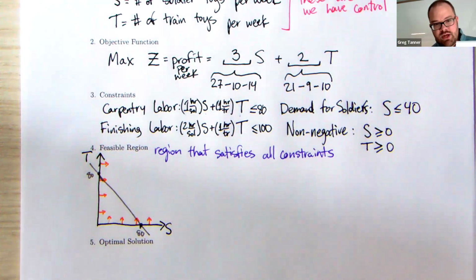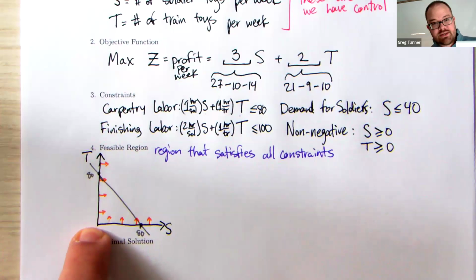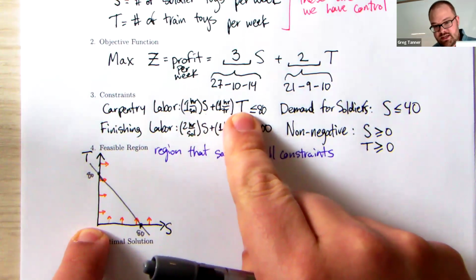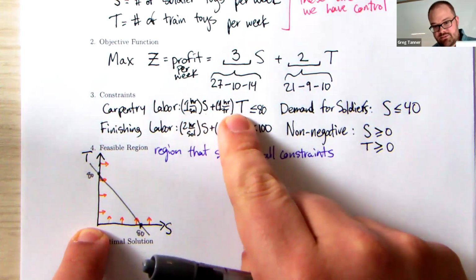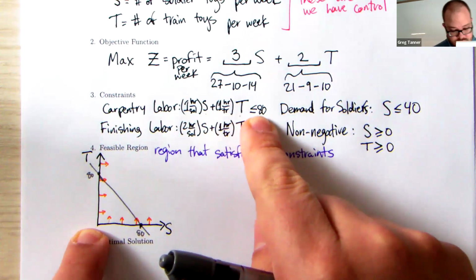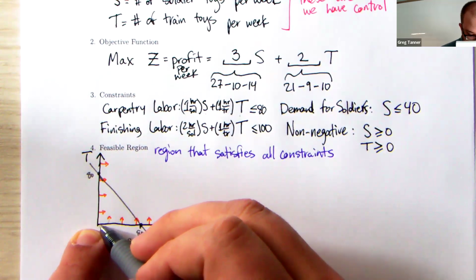My usual method is choose a point not on the line as a test point. Usually the easiest point to use is the origin, as long as that's not on the line. So 0, 0: if I plug in 0 for s and 0 for t, I get 0 on the left-hand side, and 0 is less than or equal to 80, so that's good. So I do want to have the side of the line that includes the origin here.